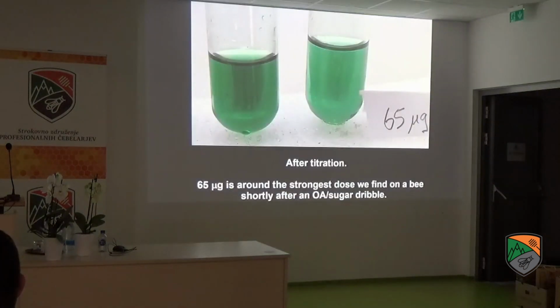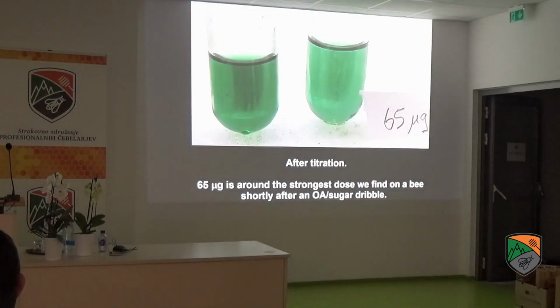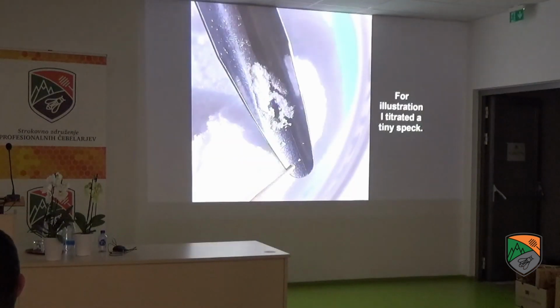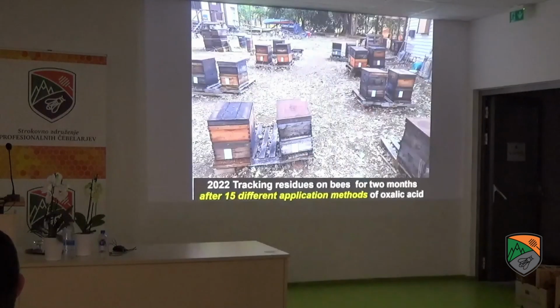And that titrates out to about 65 micrograms of oxalic acid from that speck. So a speck that size, 65 micrograms. If the bees only got 2 to 3 micrograms on it, it's going to be a really tiny speck of oxalic acid, right?